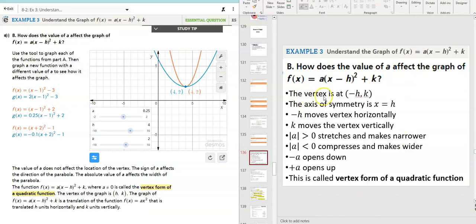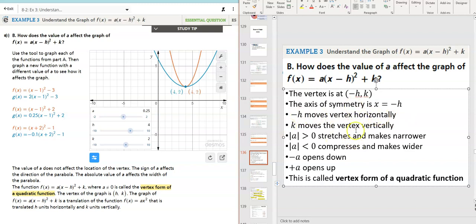We should memorize that the vertex of our coordinate is always going to be the opposite of h and k. The axis of symmetry is going to equal h. Our line at x is going to be whatever h is. Or I'm sorry, it should be the opposite of h. That is wrong. It should be the opposite of h. I have to fix that here. Let's see. There we go. Okay. The opposite of h moves the vertex horizontally, side to side.